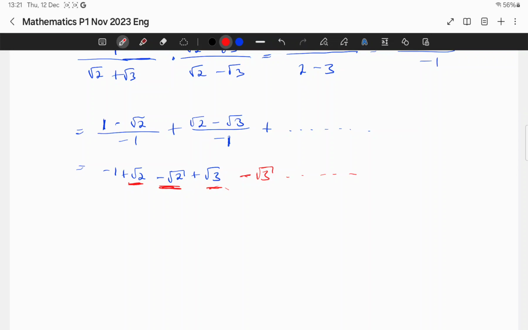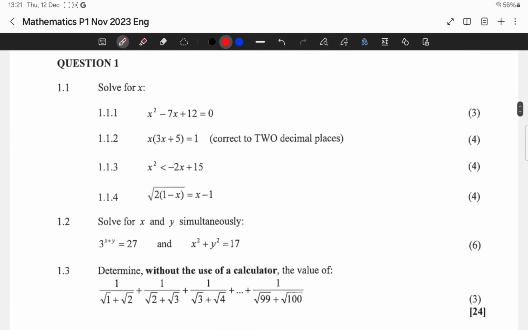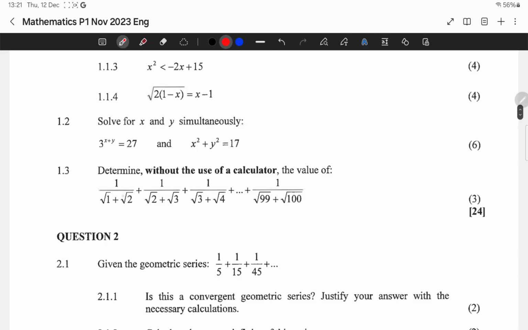This only happens because you have a root 2 here and a root 2 here, a root 3 here and a root 3 here, a root 4 here and another root 4 here. It only happens when you have that term occurring twice in the expression.